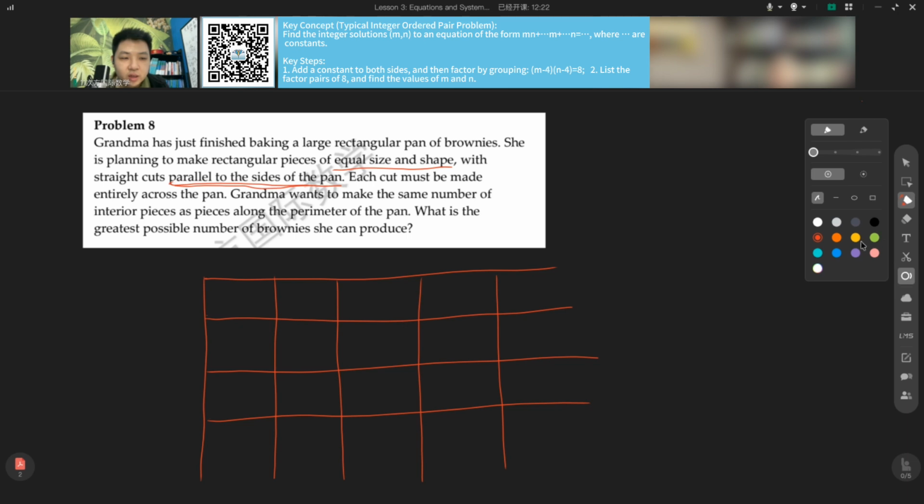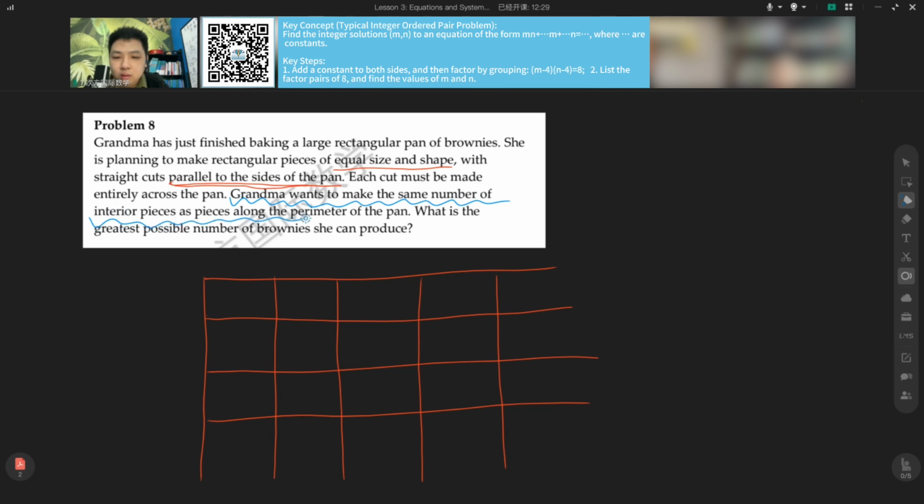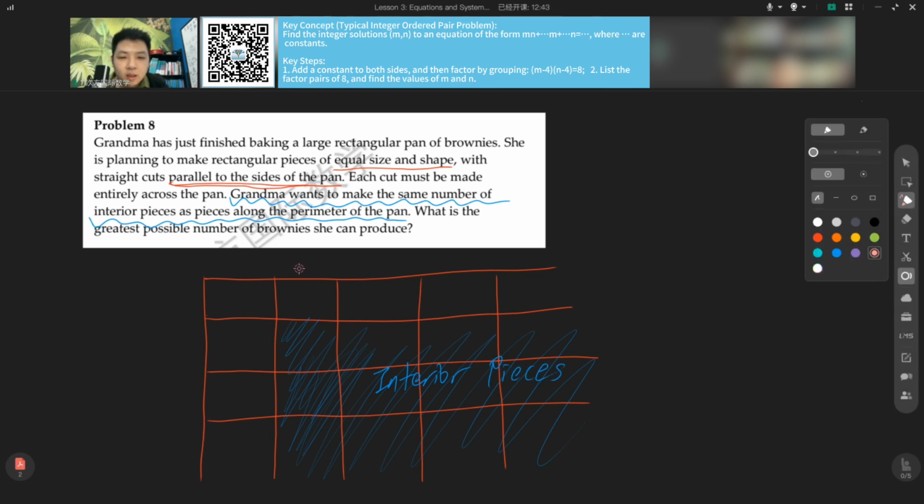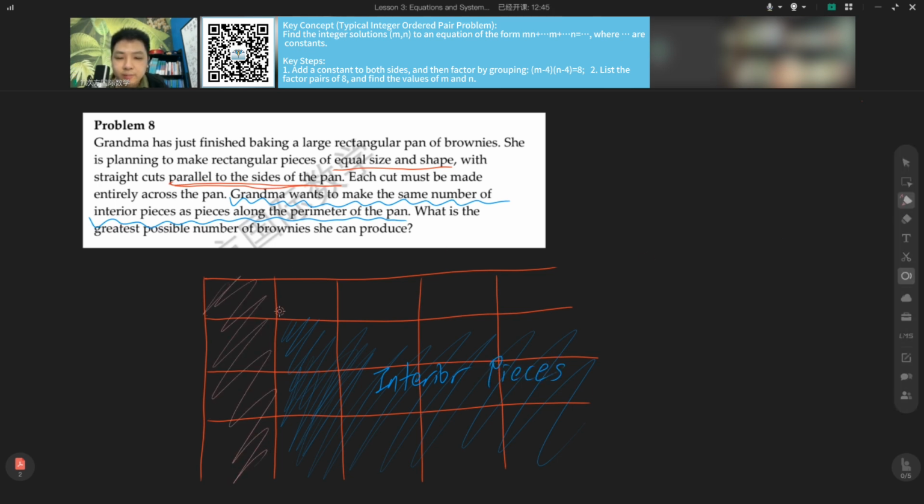Okay, so let's look at this sentence. Interior pieces is right here. 它内部的这些都叫 interior pieces. And the ones right here, they are along the perimeter.